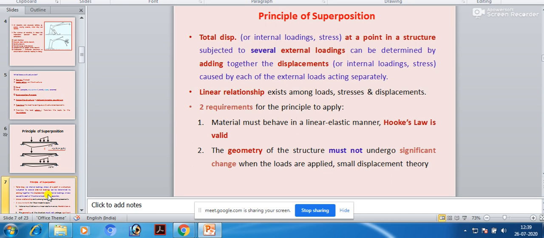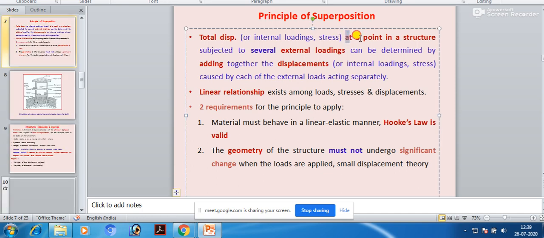So the total displacement at a point in a structure subjected to several external loadings, which may be several kinds of dead loads, live loads, dynamic loads, whatever it may be, can be determined by just adding together the displacements or internal loading stresses caused by each of the external loads.